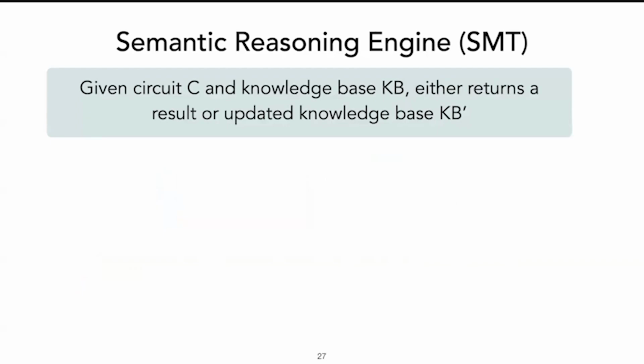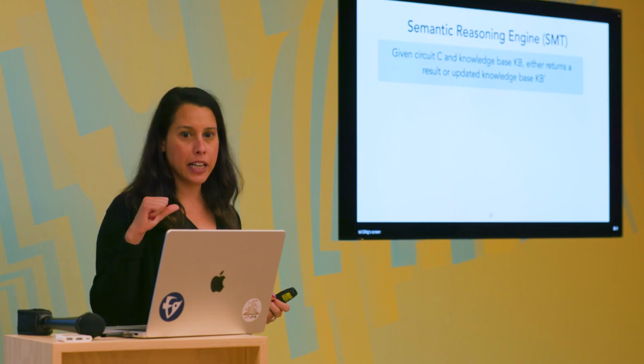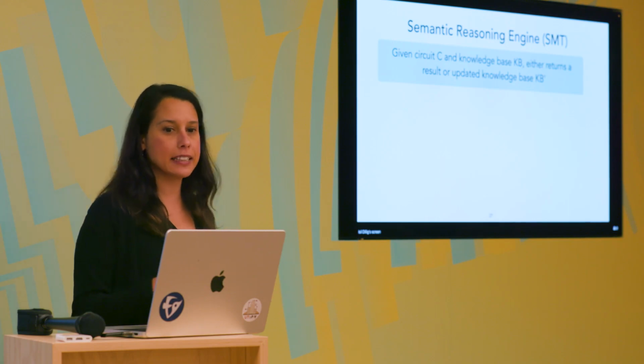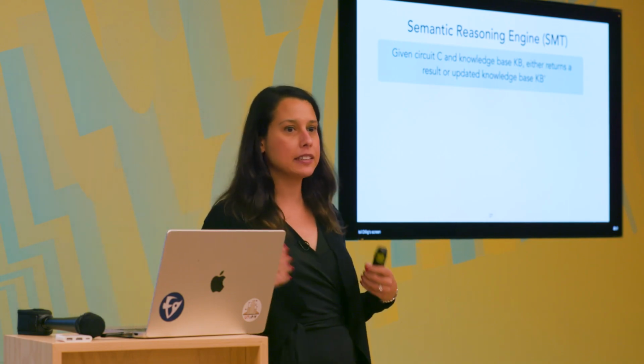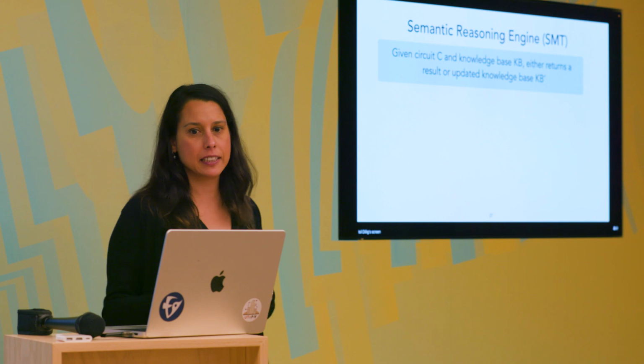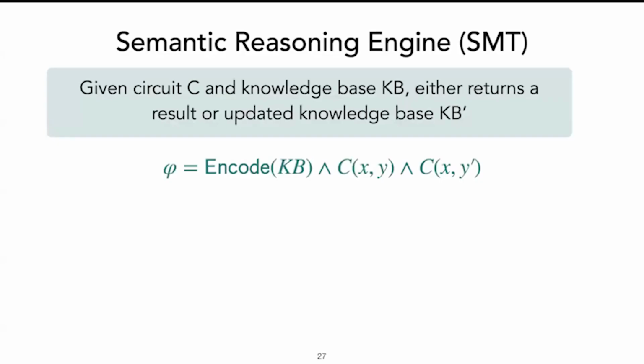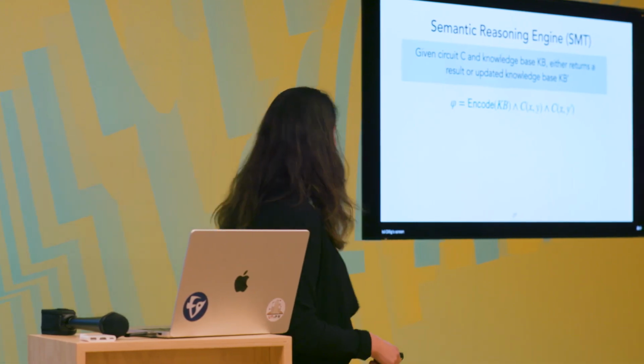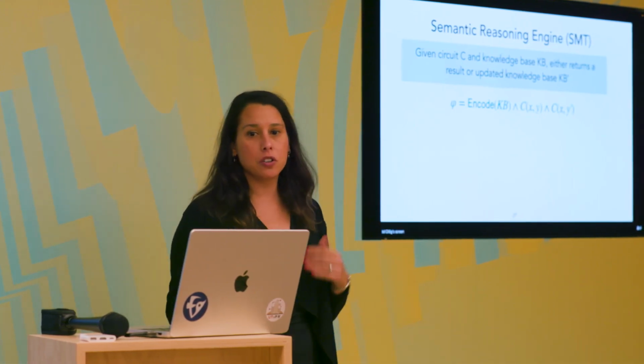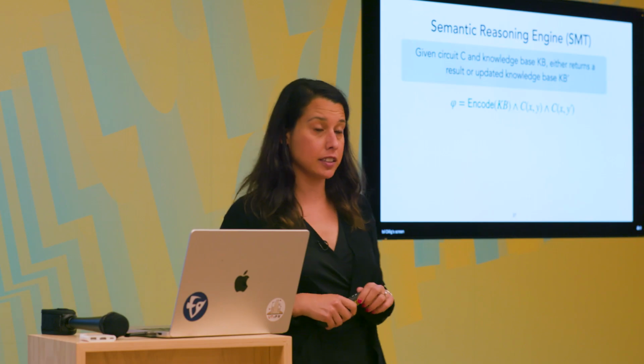So the SMT-based reasoning takes as input our circuit C and a knowledge base KB, and it will either say verified or buggy, or if neither, it's going to at least return an updated knowledge base that can be picked up by the static analyzer. And what we do basically here is, as you can imagine, we first generate a logical encoding of the knowledge base, everything that we know, encode it as a logical formula, and similarly encode the 2 copies of the circuit as a logical formula.